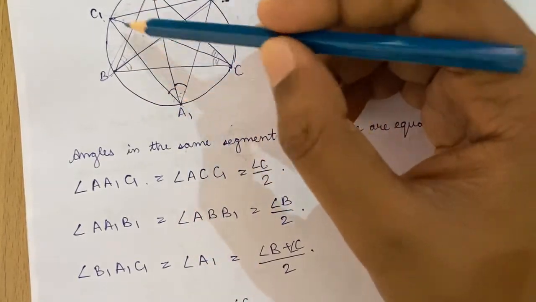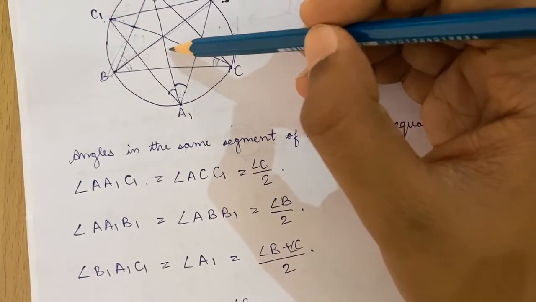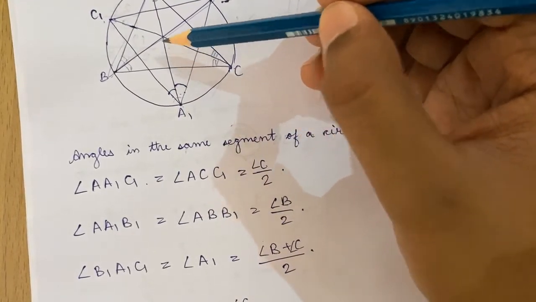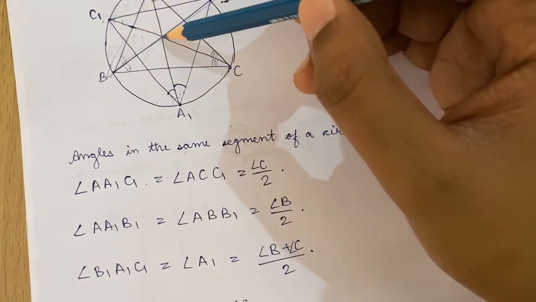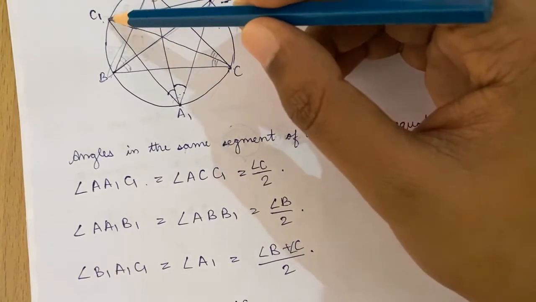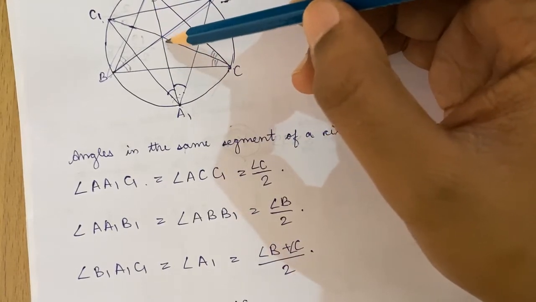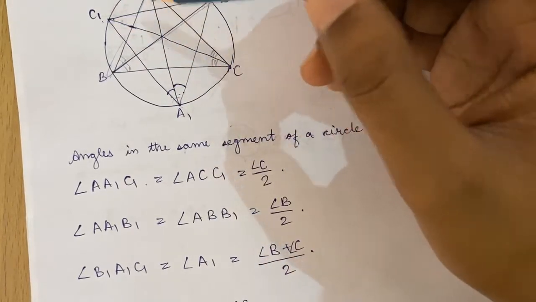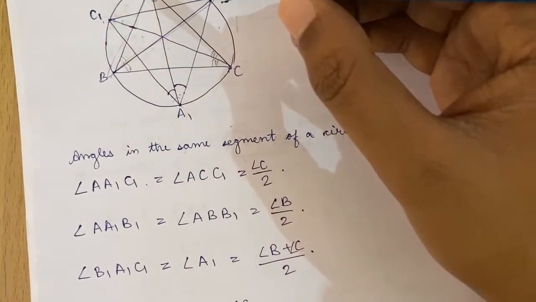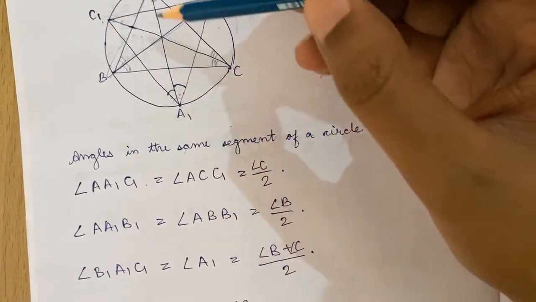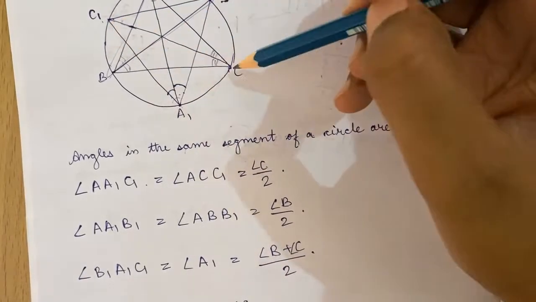You can also prove this property by using another important property, that the angle made at the circumference of the circle is half of the angle made at the center by a chord. So that property gives that angles in the same segment are equal. Now using that property, we get that this angle is equal to angle AC1, which is angle C by 2, because C1 is the angle bisector.